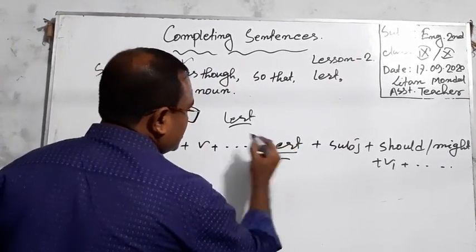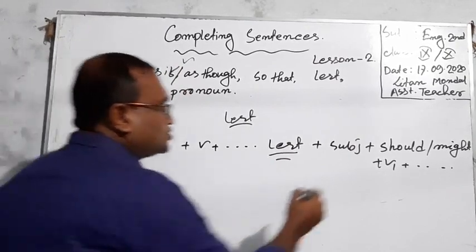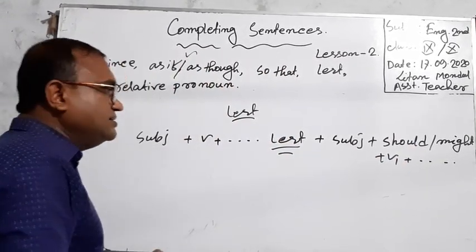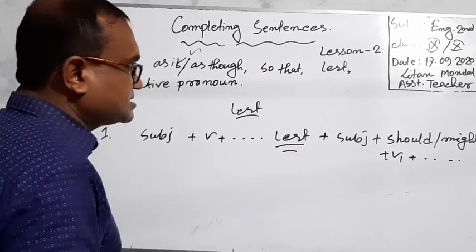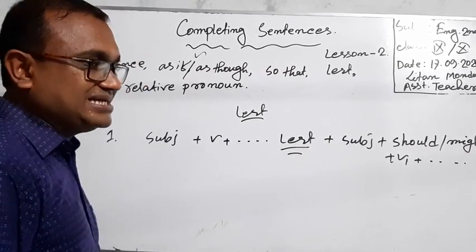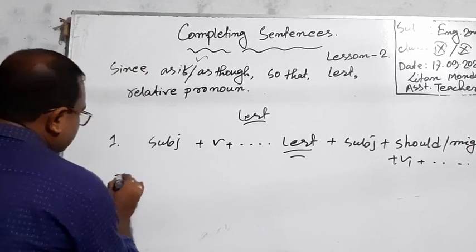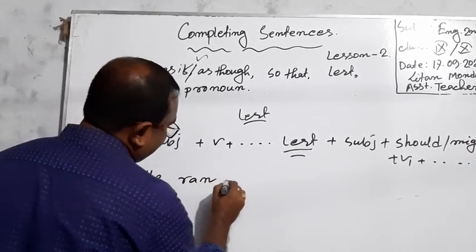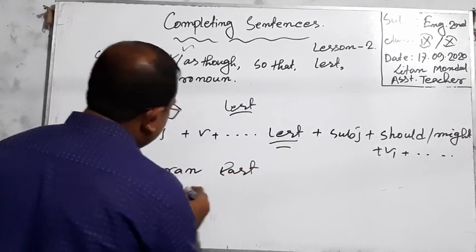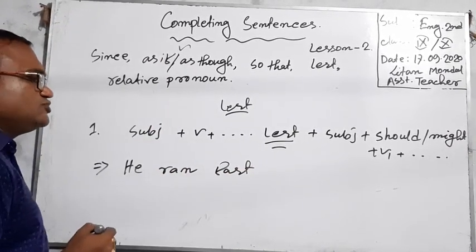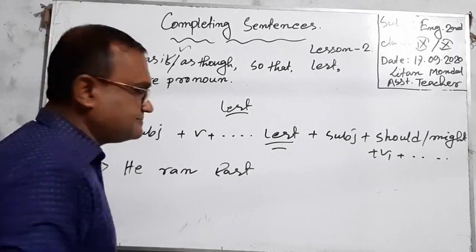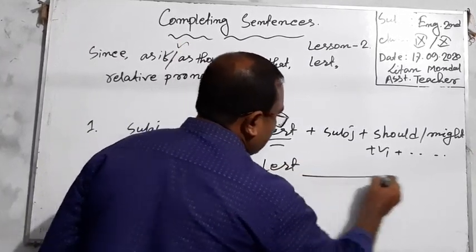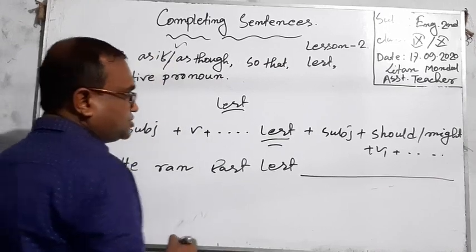Lest always takes should or might as modal before the main verb, and the main verb must give us a negative conception. For example, he ran fast. Yeah, either it may be present tense or past tense, it doesn't matter. He ran fast. Lest. Now we have to complete here in the direction.